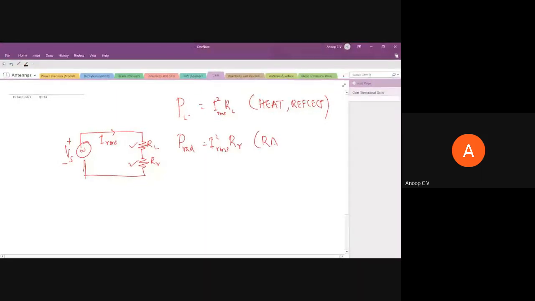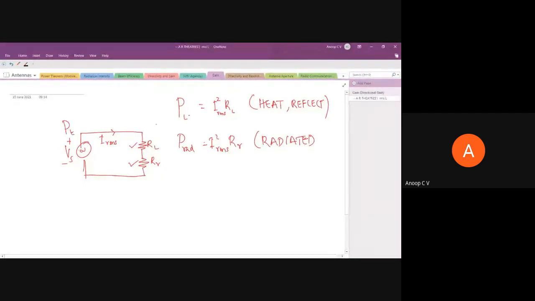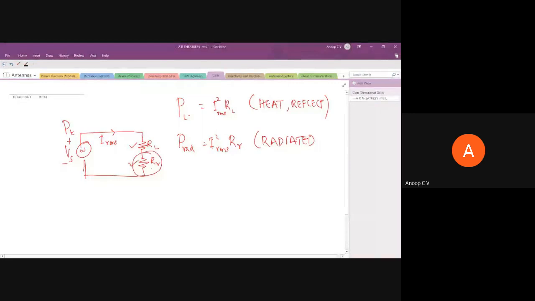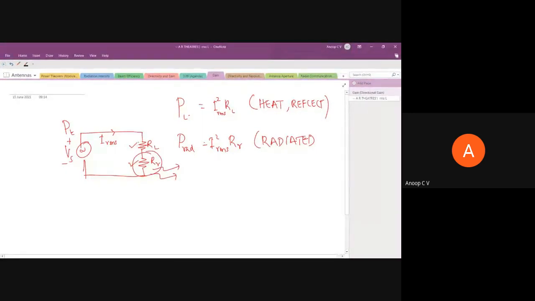This will be radiated. So out of the total power PT delivered to this antenna, only the part which is delivered to RR is radiated, and whichever is given across RL is dissipated as heat. So this is an equivalent circuit.